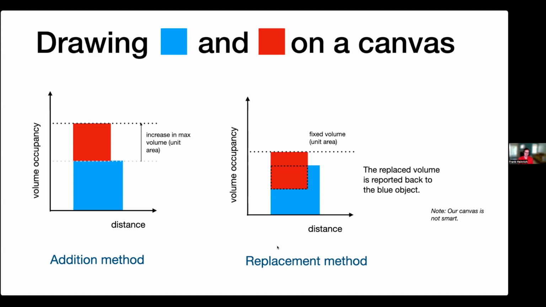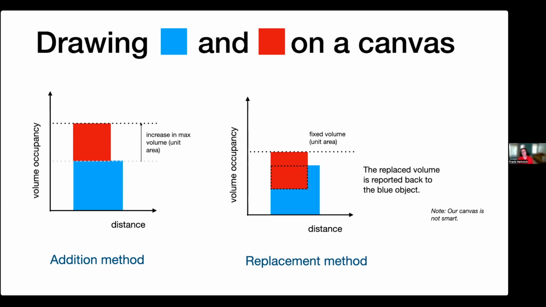And then the other method is the replacement method. Let's say adding protein to your bilayer. What you do then is the unit area or the volume typically is fixed. Your bilayer might or might not fill the entire available volume. If you then add protein, it is partially added onto it, and the other part replaces the existing core.